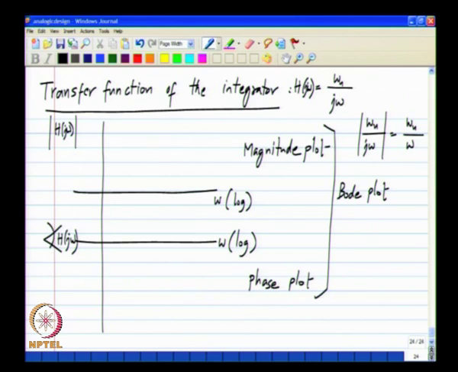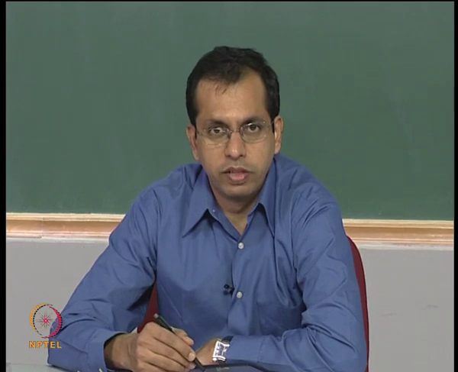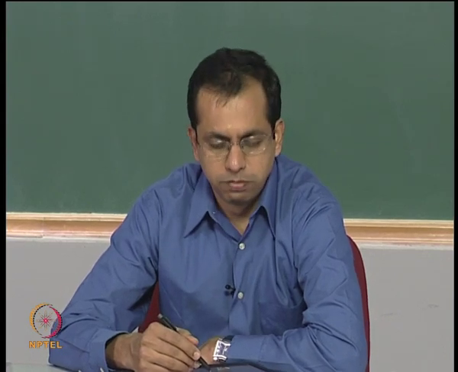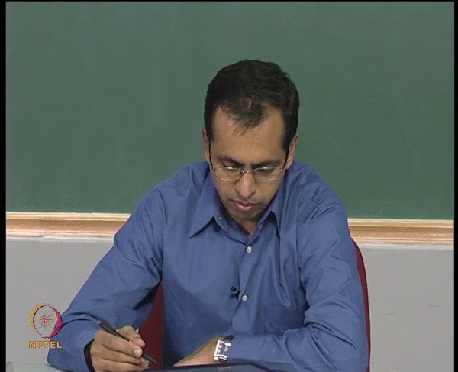The Bode plot of this is very simple. Where you plot the magnitude on a log scale as well as the frequency on a log scale, this is a straight line with a negative slope, and the slope is given by minus 20 dB per decade. That is, if you take it in decibel units, 20 log to the base 10 of the magnitude, it drops by 20 dB for every factor of 10 increase in frequency, that is for every decade change in frequency.